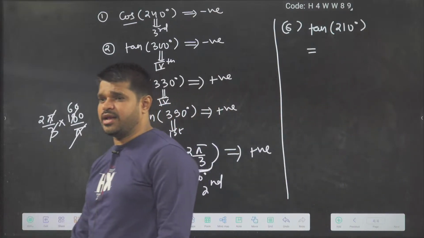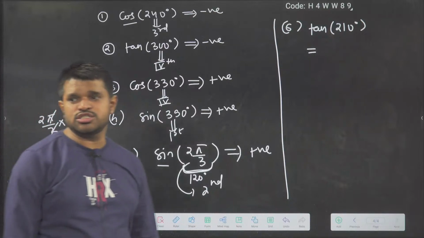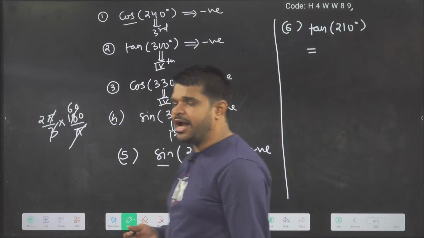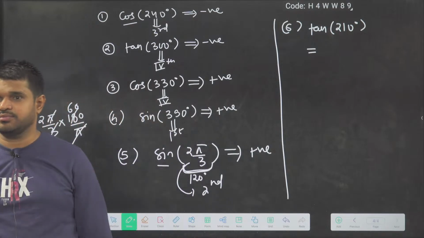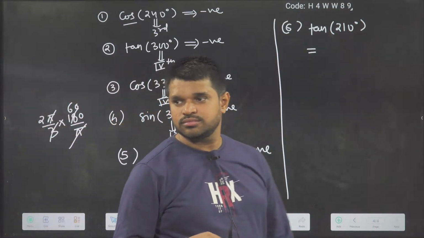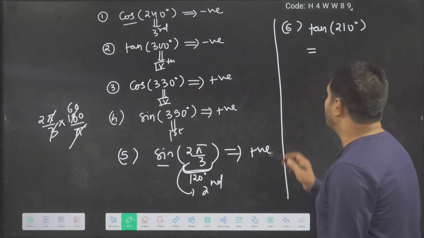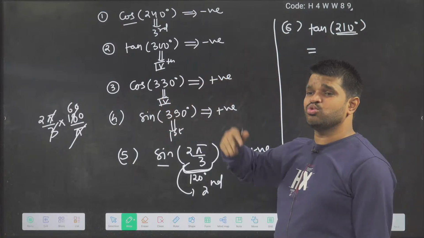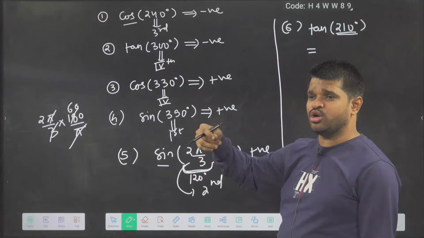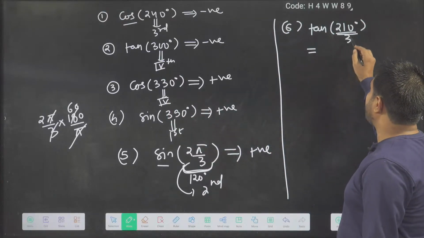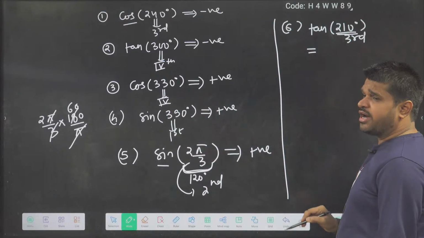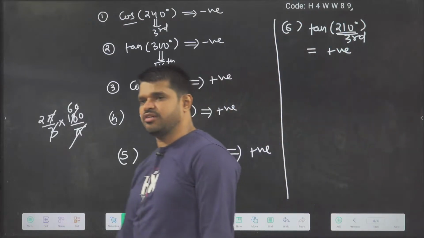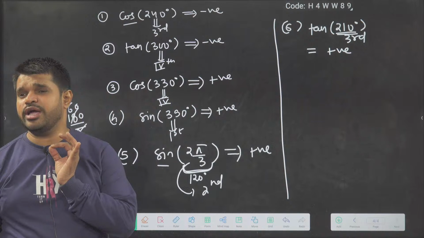Positive or negative? Positive. How? 210 means between 180 and 270. Which quadrant? Third. In the third quadrant, tan is positive. Okay. Done up to here.